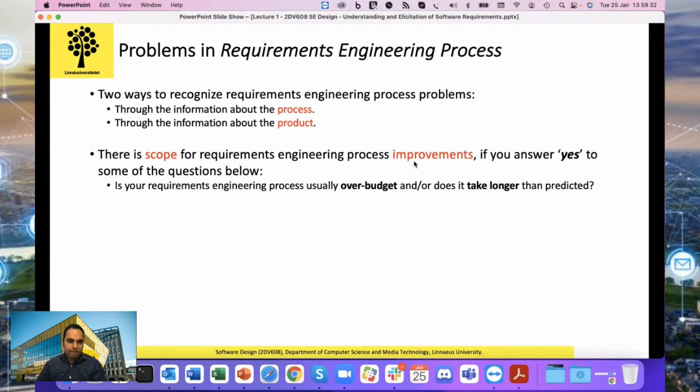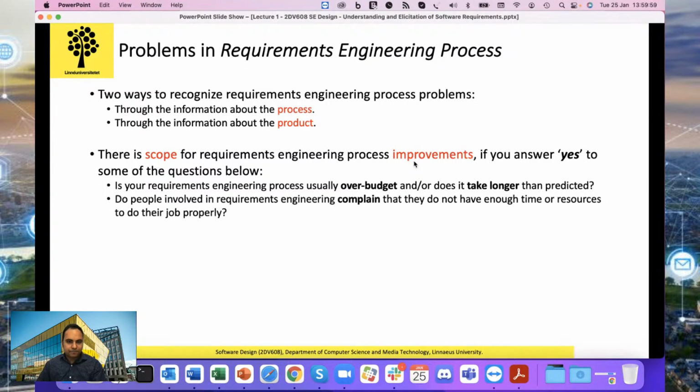As a manager, does your requirements engineering process usually put you over budget, and does it most of the time take longer than you need to deliver the software or product? If you answer yes to this, that means your engineering process has a problem.